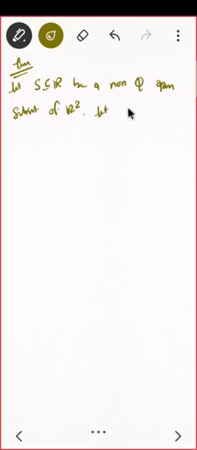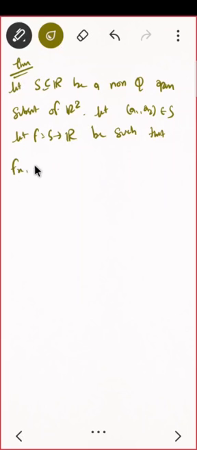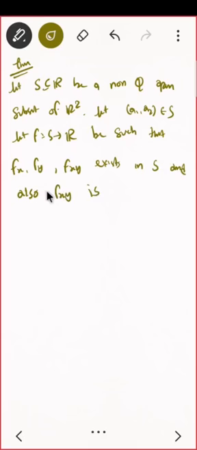Let (E1, E2) belong to S, and let f from S to R be such that fx, fy, fxy exist in S, and also fxy is continuous at (E1, E2).